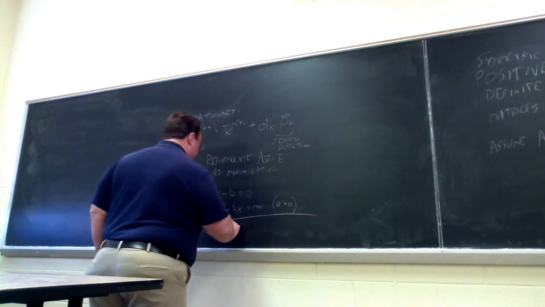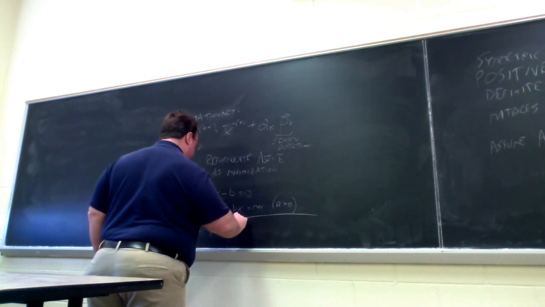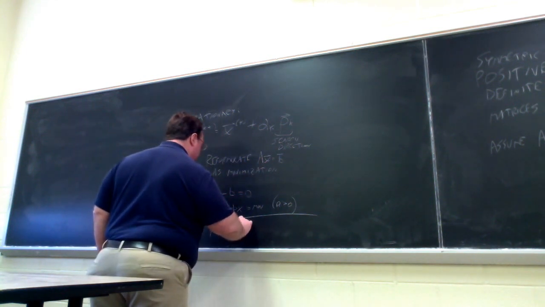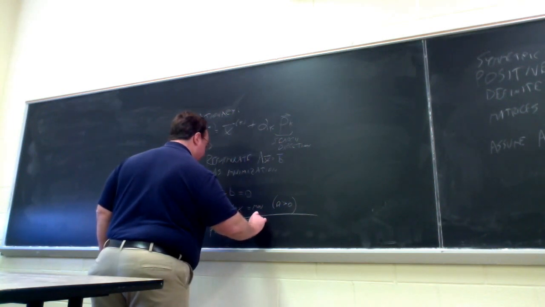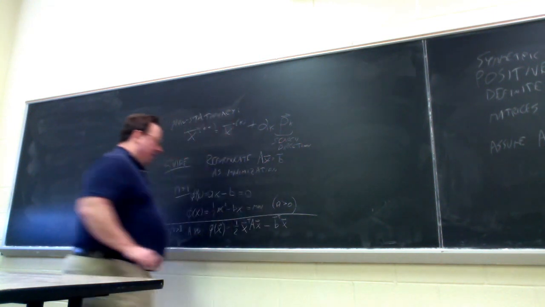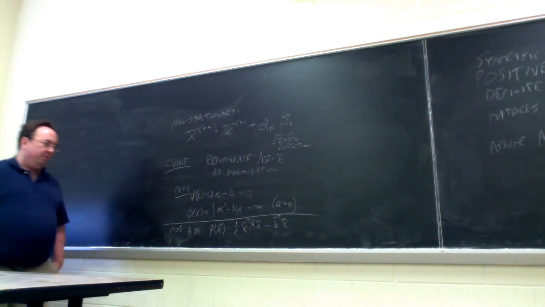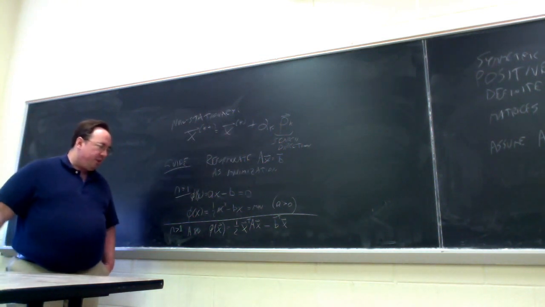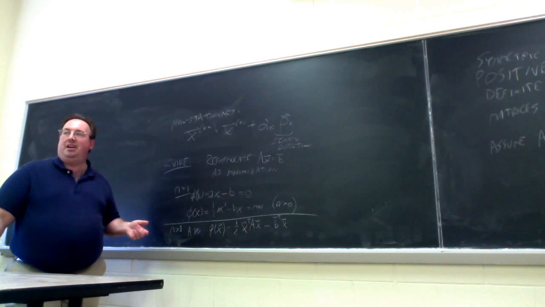What it generalizes to, because we need symmetry, is 1/2 x transpose ax minus b transpose x. So instead of just multiplying, we have matrix vector multiplication, and we now have dot products.